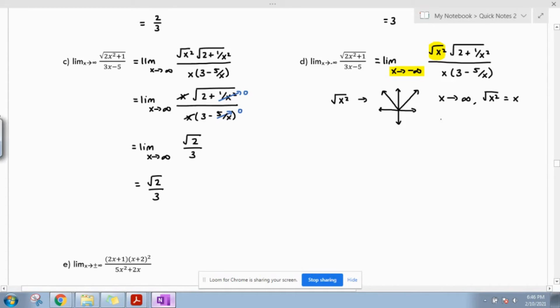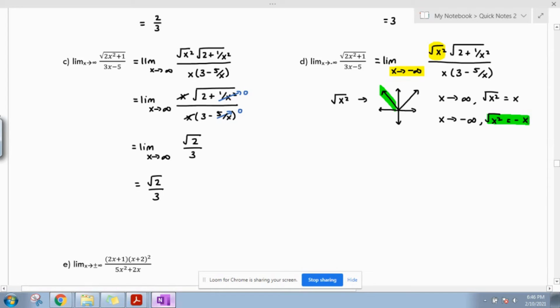But now, since we're talking about x approaching negative infinity, we're looking at the left-hand side of x equals 0 on this graph, which means for the square root of x squared, we will have to take negative x instead, okay? Because we're looking at this portion of the graph here. That's why we're taking negative x.